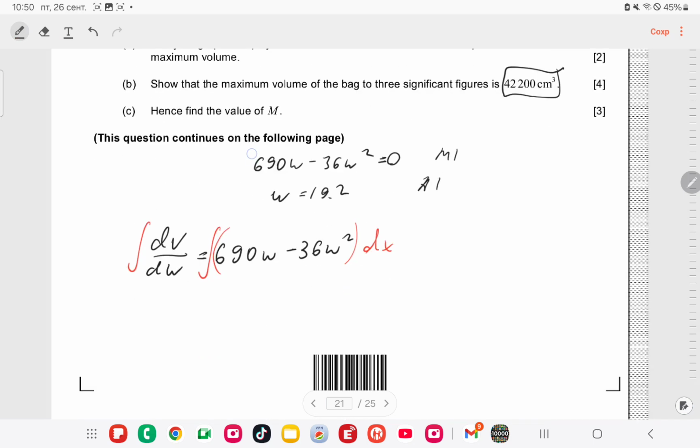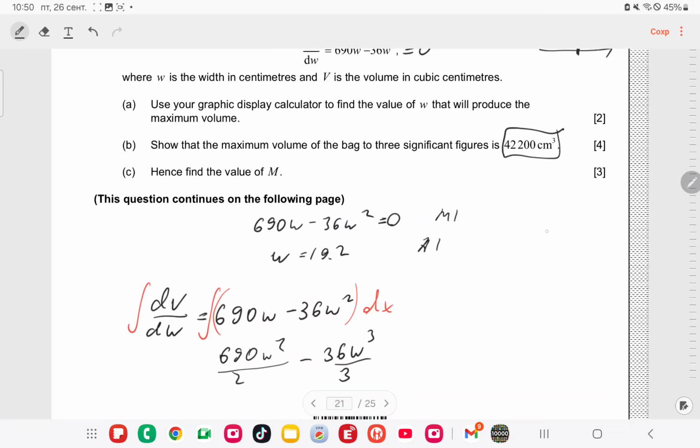After integration we will have the terms with V squared over 2 and V cubed over 3.